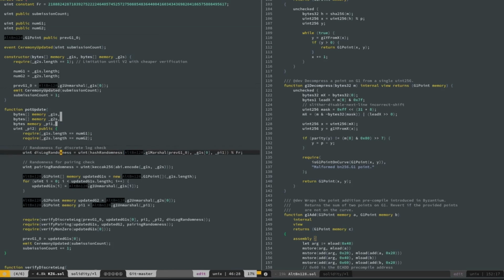Then there's this thing. Now I don't remember seeing. Oh, I guess this is like how the randomness is created. Not super sure about that, but we can dive into that. Okay. So what we're doing is we're taking an elliptical curve with the bytes of the two elements, or actually it's just G1, I think, with pi.